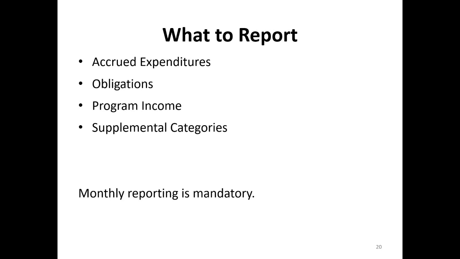For the AEL program, in the beginning there was a pretty extensive set of supplemental cost categories, which we have moved away from, but that is a section that we use to get additional information about a particular subrecipient contract. And monthly reporting is mandatory.